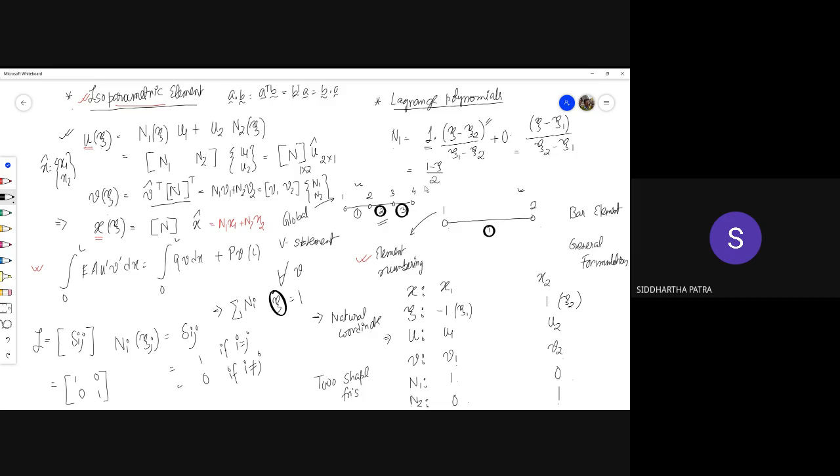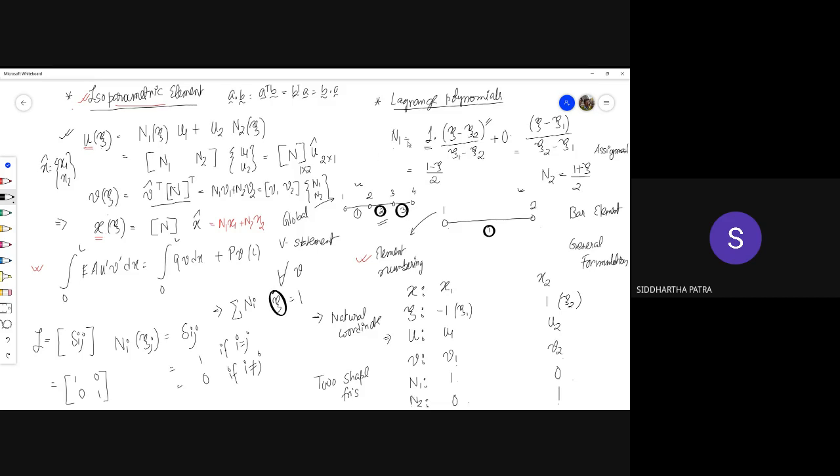And in a similar way, you can try to construct N2. You'd see N2 would be (1 plus xi) divided by 2. I would say you try that on your own. So this is a small assignment: how to get N2 using the Lagrange polynomial.